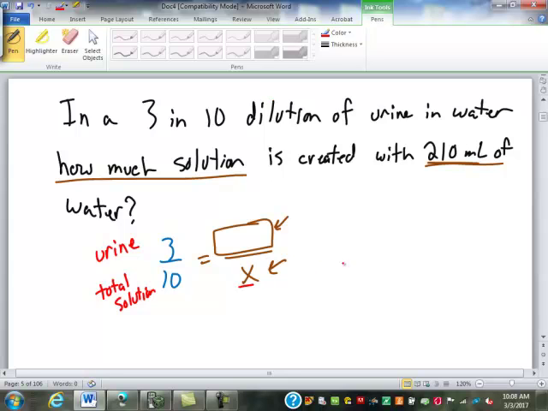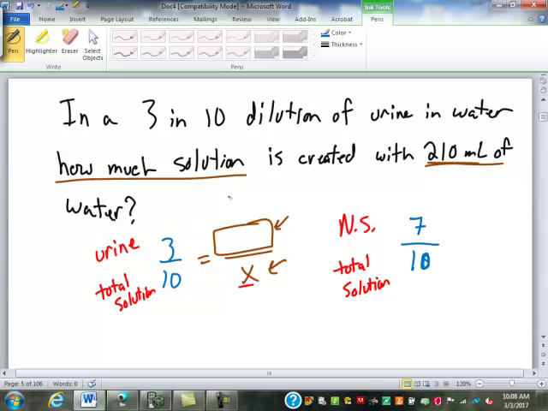Now we're trying to find the total solution, so we're going to keep that part. And the only other part that we have that we could look at is the amount of water, the saline. So we still have 10 parts total solution. How many parts of that is going to be the saline? 7.